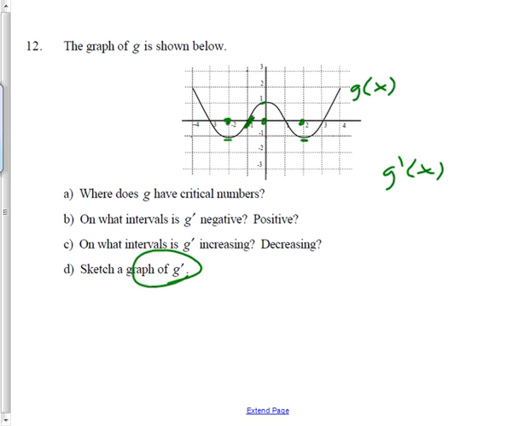g prime of x, because g prime of x is the slope of g of x. By inspection, what is that slope roughly? Well, it's roughly 1, so let's put 1. And here we've got the least slope, and that has a slope of roughly -1. Looking at drawing a tangent line and inspecting its slope, it's roughly -1.